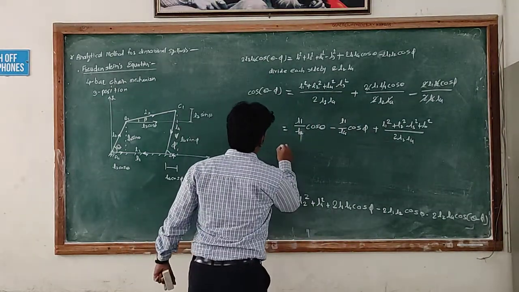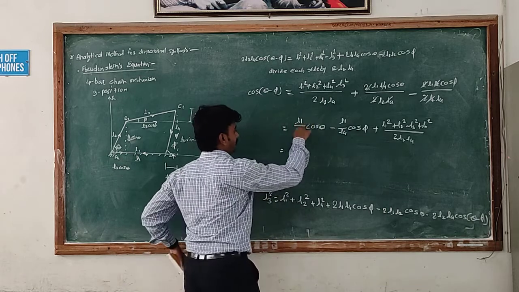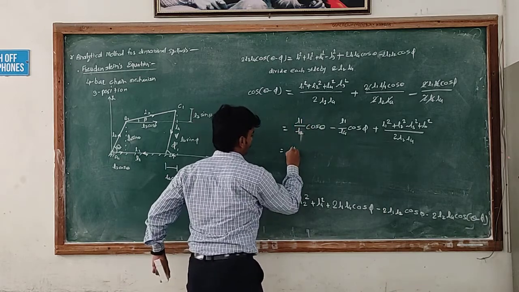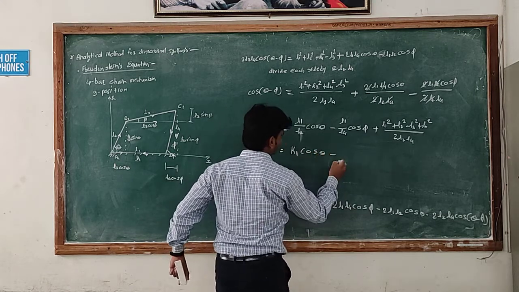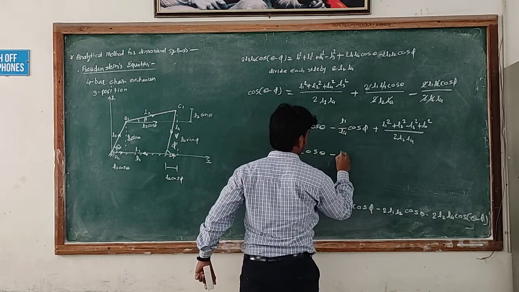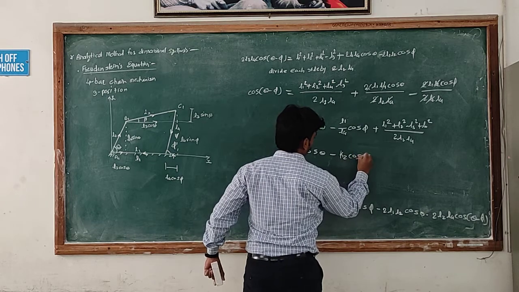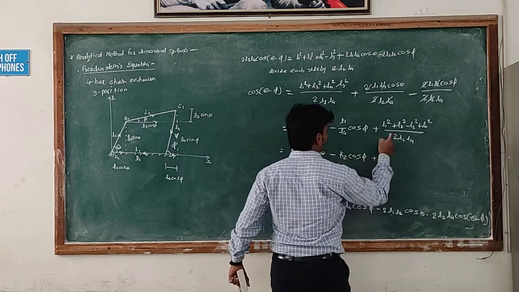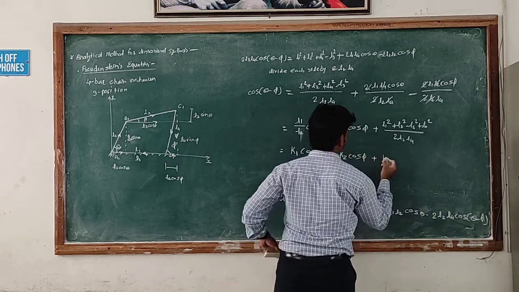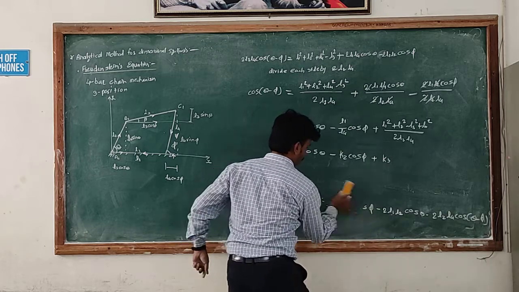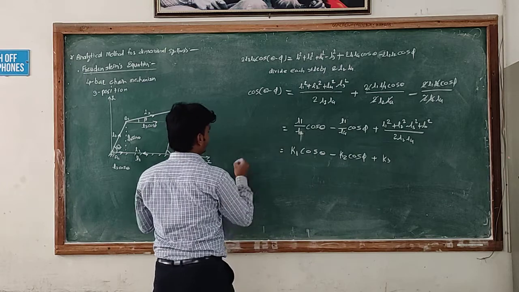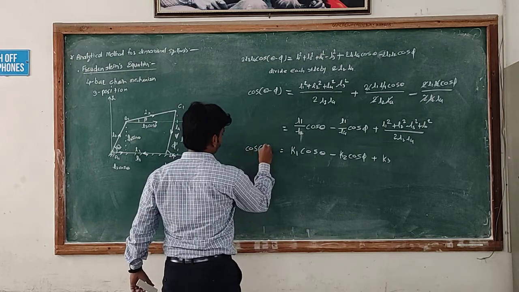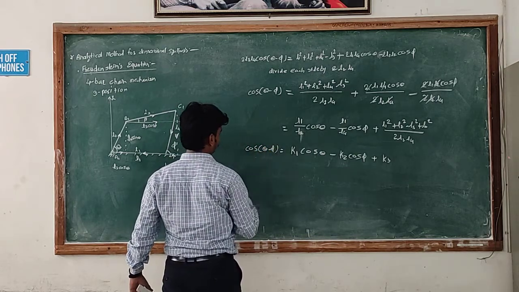Okay. So we consider L1 upon L2 as K1 into cos of theta, minus L1 upon L4 as K2 into cos of phi, plus this term, which we consider as K3, is equal to cos of theta minus phi.